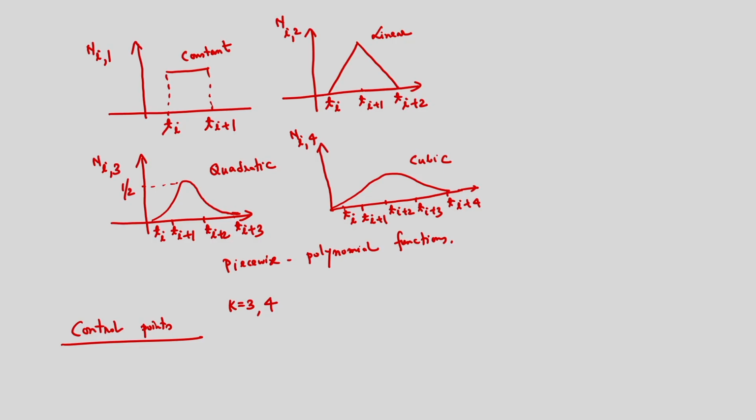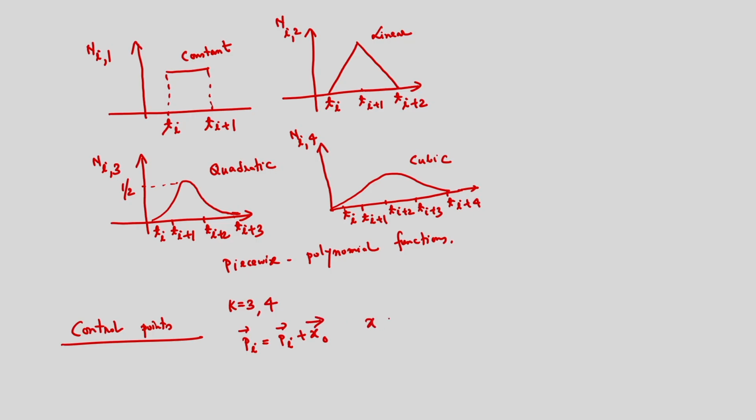So that means I need only a few control points to represent a particular boundary. Suppose the control point is Pi, a vector of control points, and that can be translated. I can do the translation by a vector.